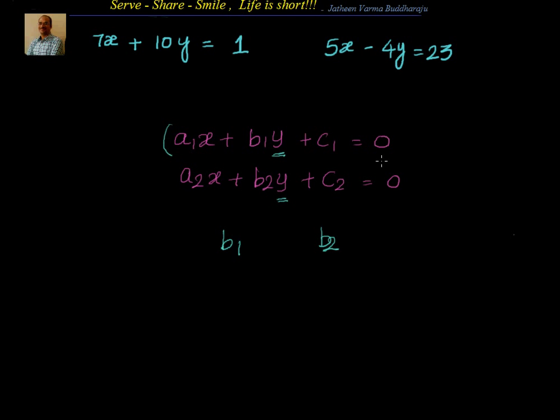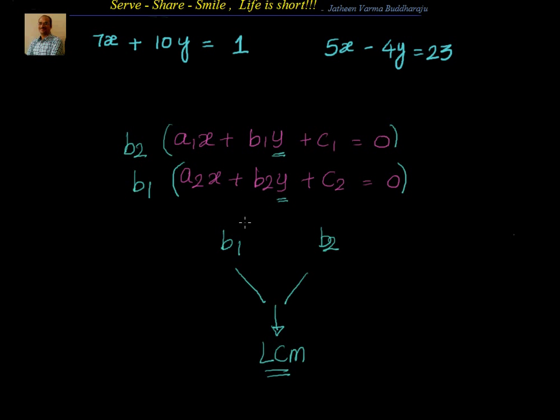So I should multiply the first equation and the second equation with some values, so that both b1 and b2 will be equal. Now you know that if you have two numbers, their LCM is what makes both of them equal. So I will multiply the first one with b2 and the second equation with b1, so that both the equations will have the coefficient of variable y which we want to eliminate equal to b1 b2.